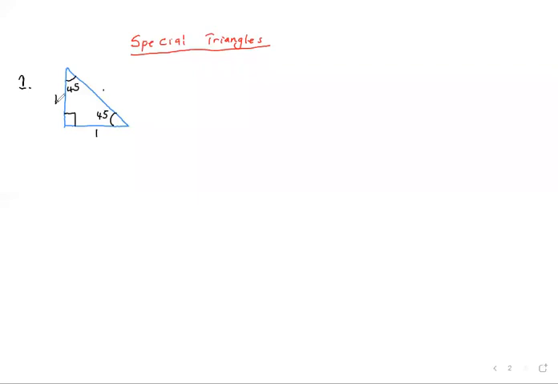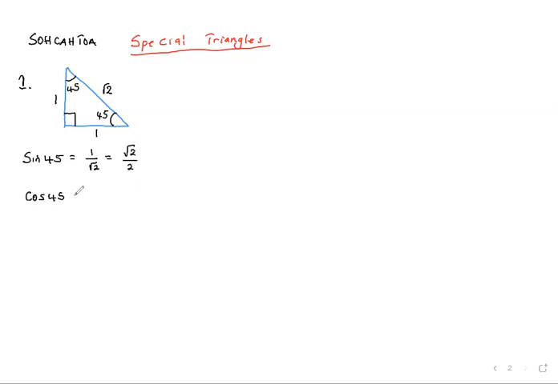So the other one is going to be root 2. SOHCAHTOA gives us sine 45 to be opposite over hypotenuse. If you rationalize this number, it's going to be root 2 over 2.